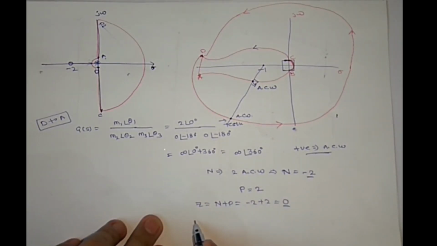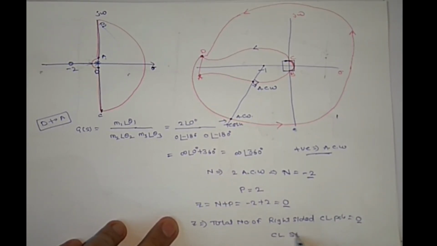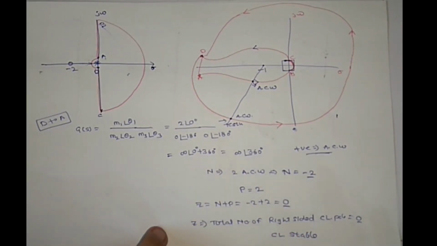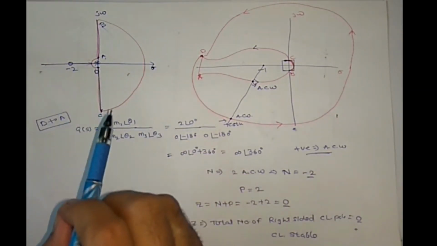See, Z means total number of right-sided closed loop poles equal to 0. That means the closed loop system is stable. There also we got stable only. Here also we got stable only. So it will not affect whether you take the detour to the right or left.